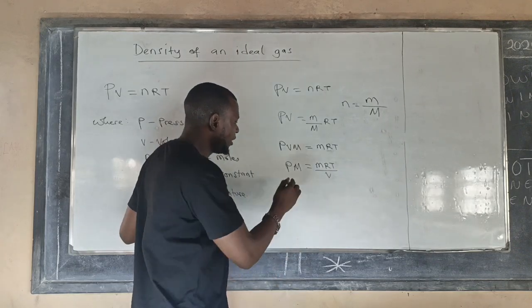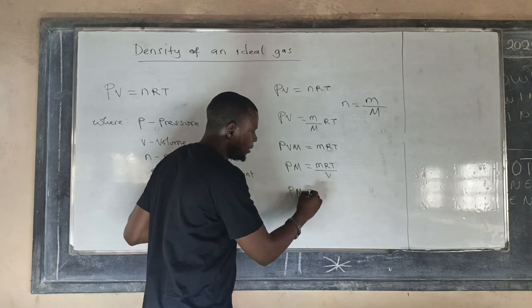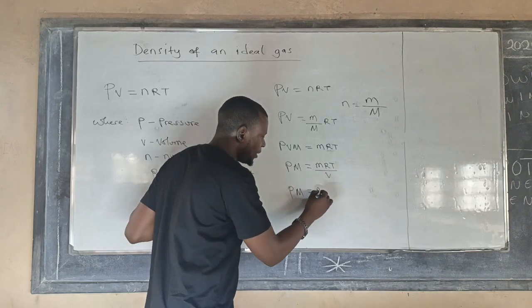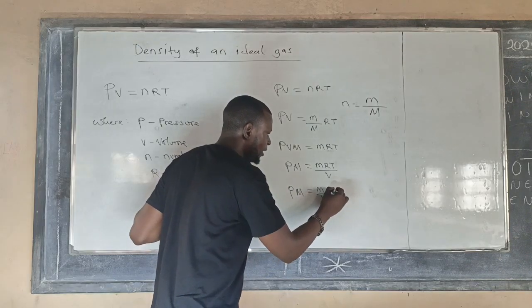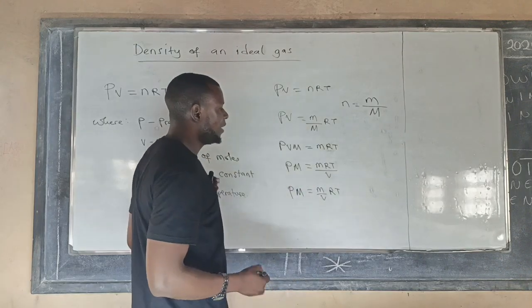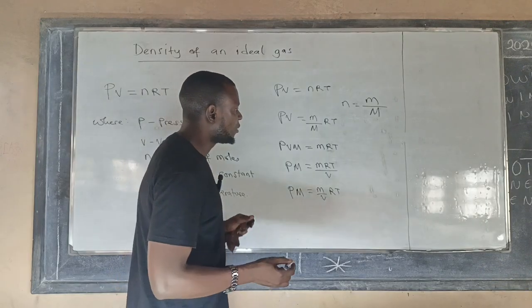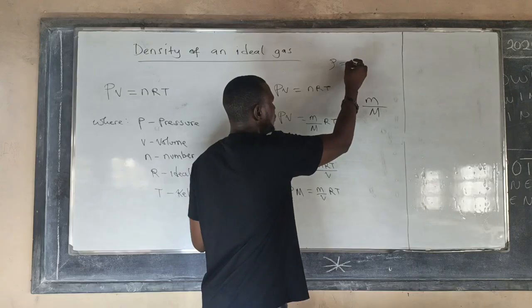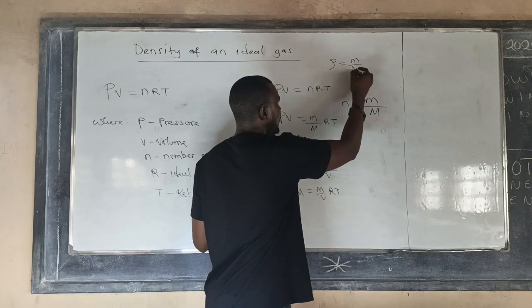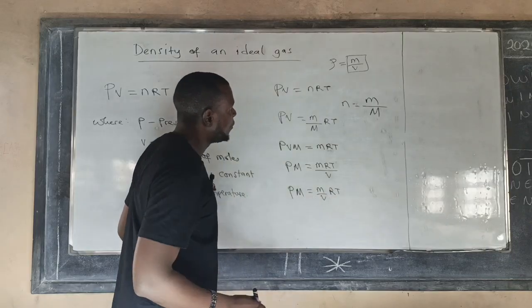Now if we isolate m and V and multiply by RT, what we have here is mass density, because density is equal to mass over volume.